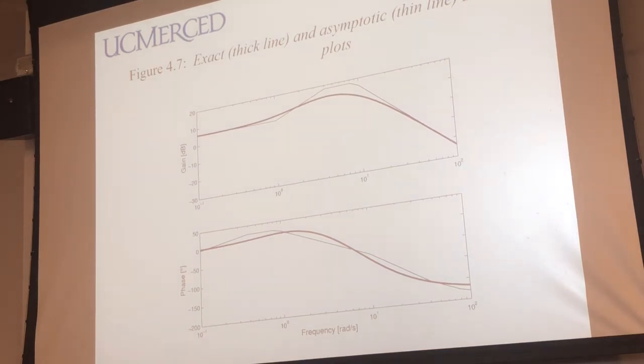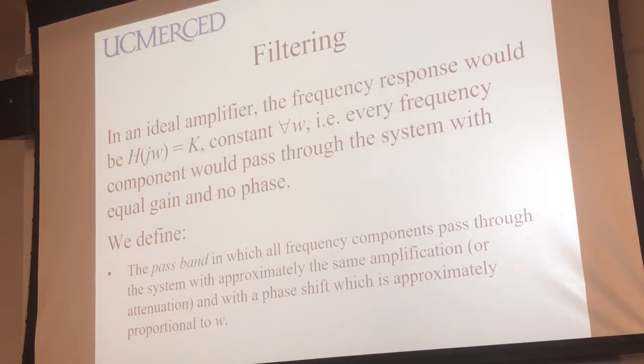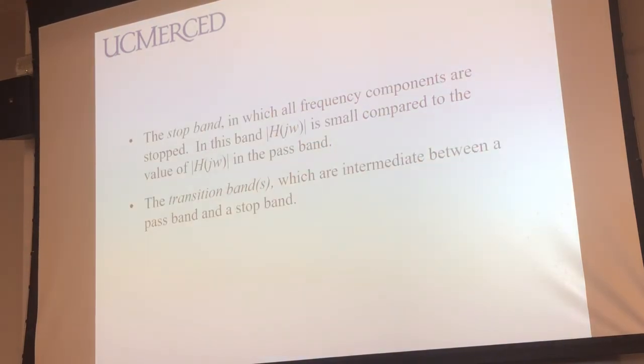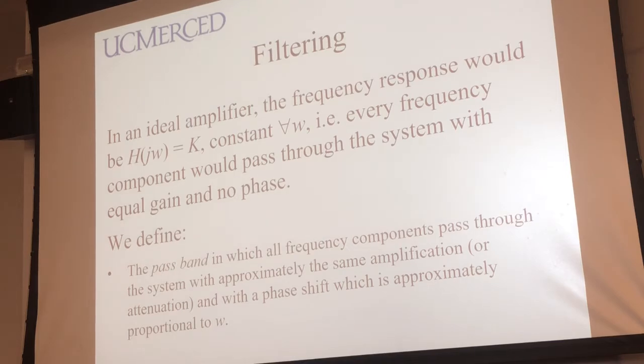filtering a little bit. So this is a typical Bode plot. See, this is frequency, and this is a log format, this is dB, something like that. For the filtering, I hope we have seen this before. We have a pass band, stop band, and transition band.